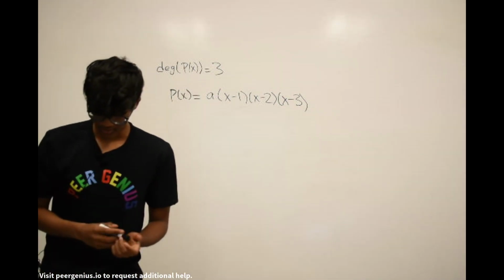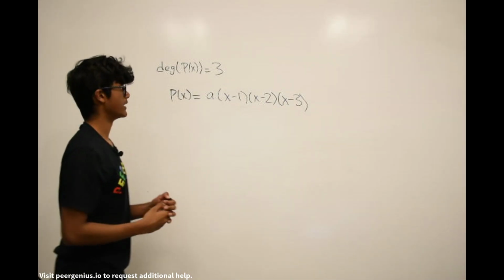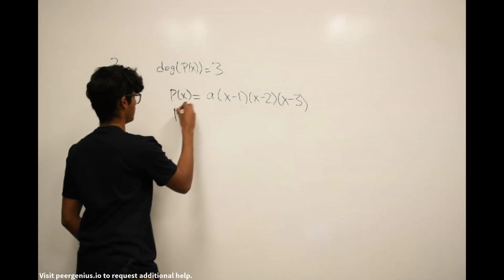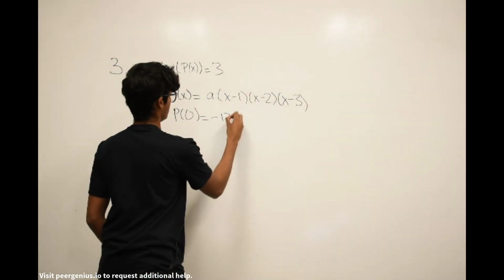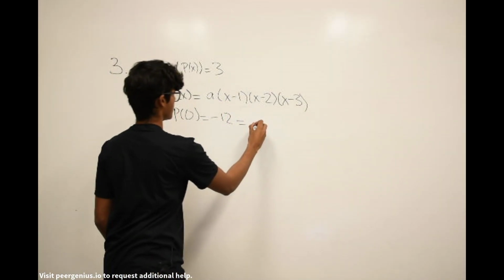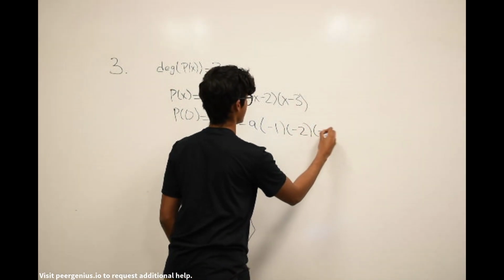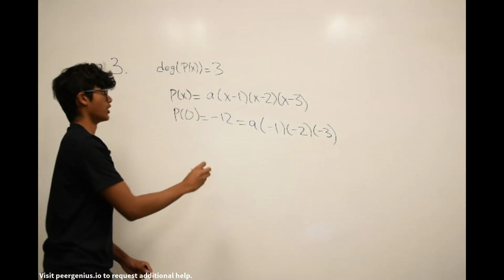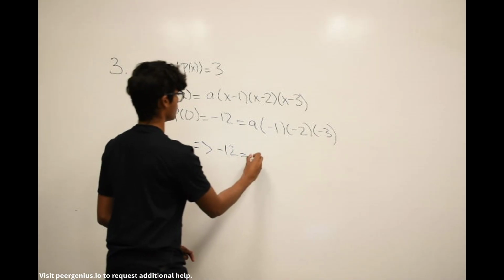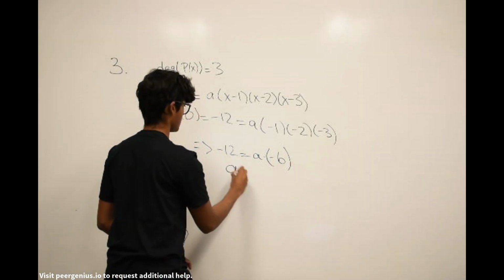So if you plug in 1, 2, or 3 into this polynomial, it's going to give you 0. It also gives you that P of 0 equals negative 12. If you plug P of 0 into here, it equals a times negative 1 times negative 2 times negative 3. So negative 12 equals a times negative 6, and a equals 2.